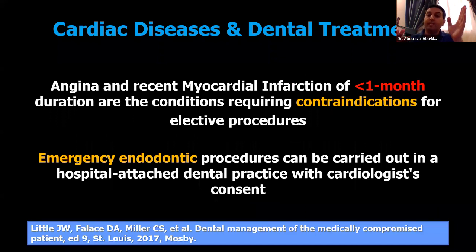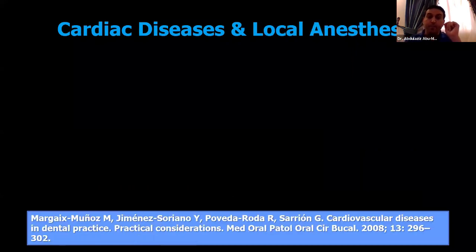Above 3 till 6 months, we are in a good condition, and we can go to the first slide where we need the INR, check the medication, and check how this patient can tolerate our treatment. So below 1 month, that's risky. Above 1 month to 3 months, acceptable, but you also need to consult his physician. Above 6 months, you can deal with him as a regular patient. You can check the INR, check his medication, and do the treatment.